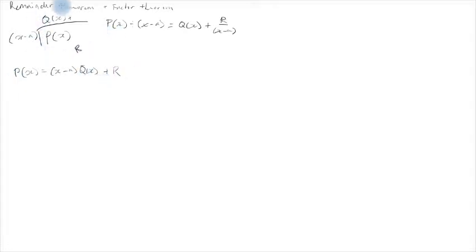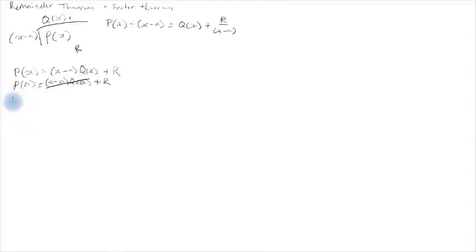And the remainder theorem basically, as I explained on the other video, says, what if I put a in for x? If a is in for x, it becomes a minus a times quotient of a plus your remainder. A minus a is 0, so this entire term falls out.